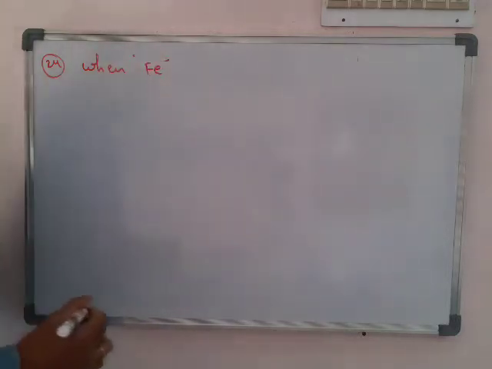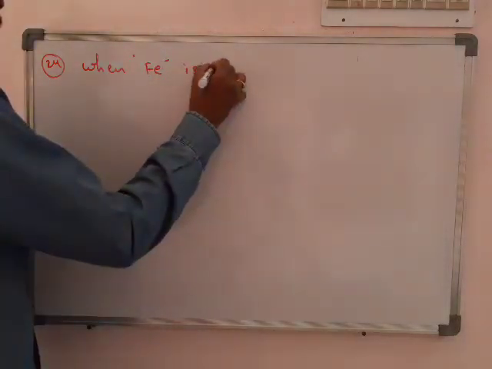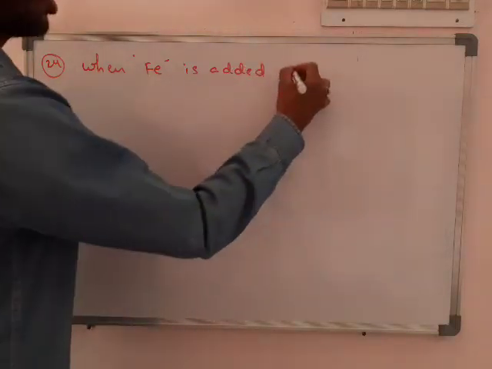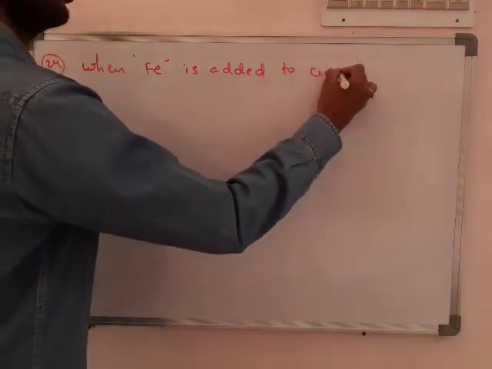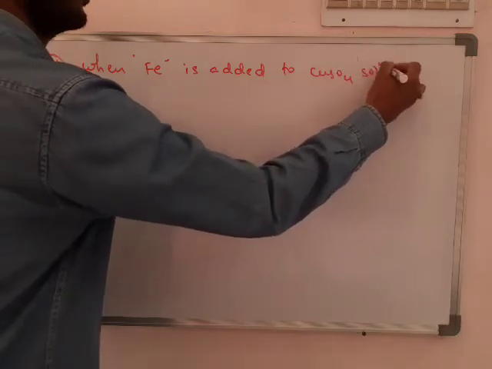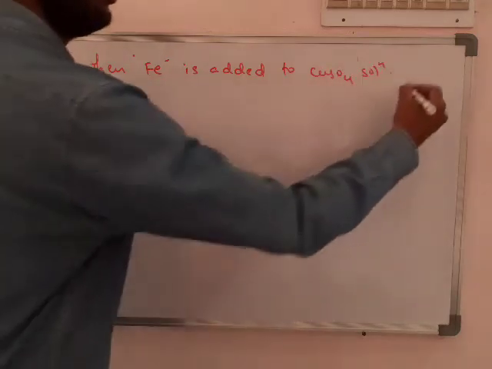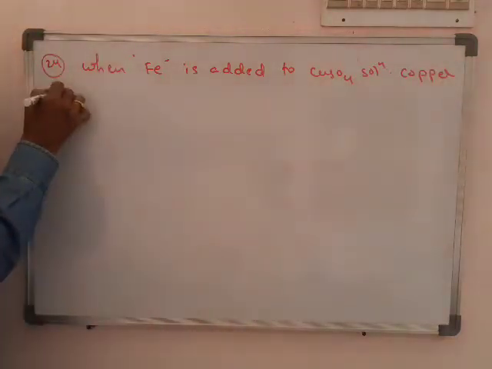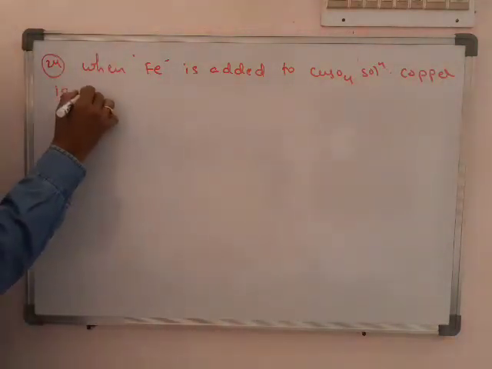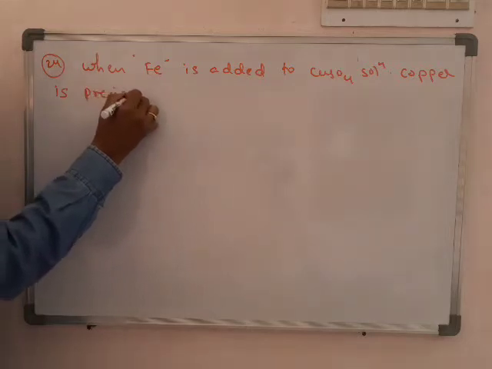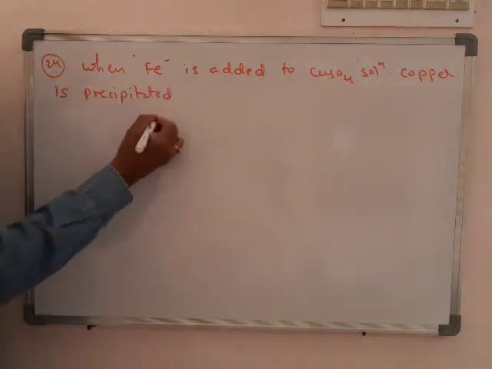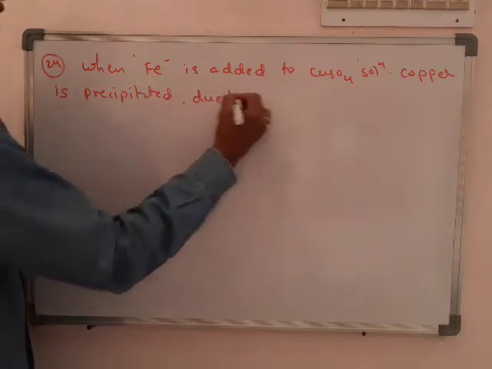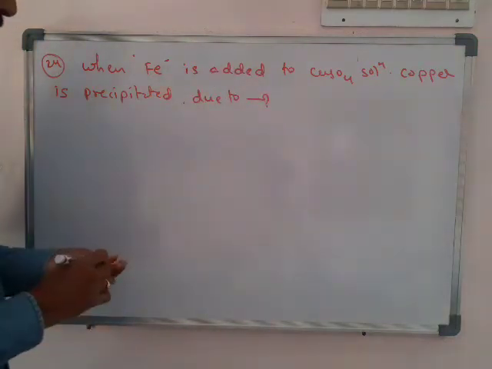The question is: when iron is added to copper sulfate solution, copper is precipitated due to what?